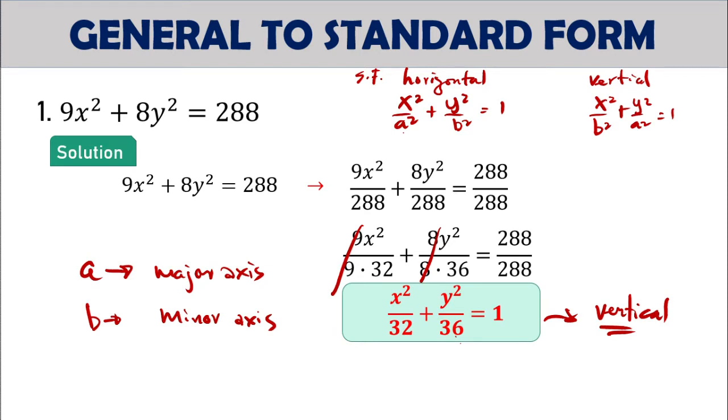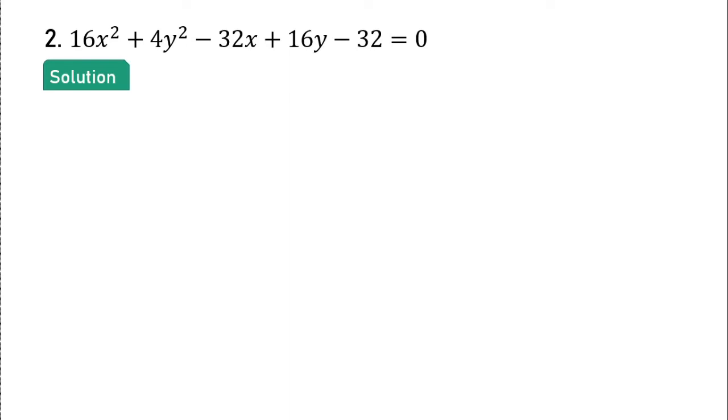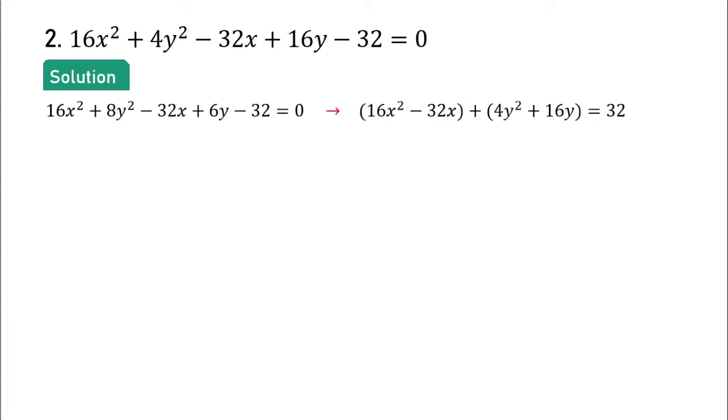Let's continue. Number 2: 16x squared plus 4y squared minus 32x plus 16y minus 32 equals 0. In this example, we group the terms which have the same literal coefficient: the quantity 16x squared minus 32x, plus the quantity 4y squared plus 16y, equals 32.